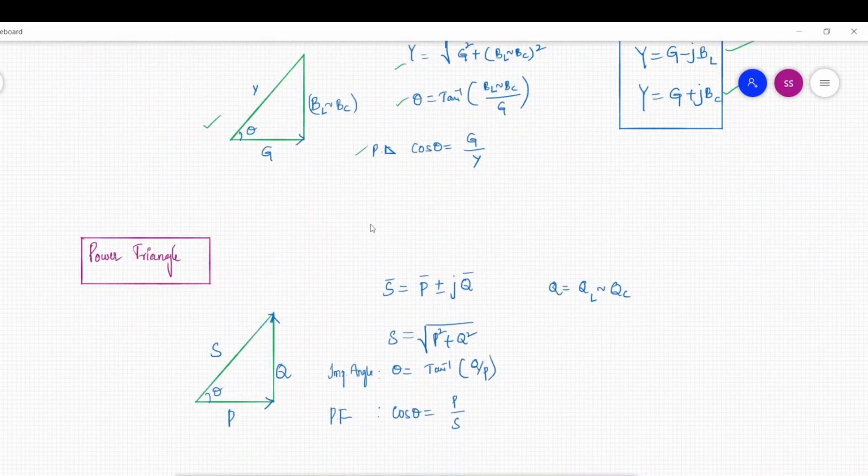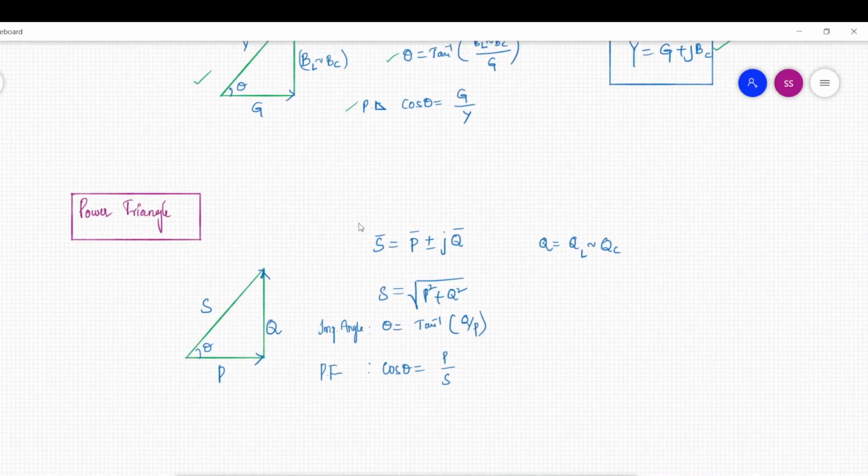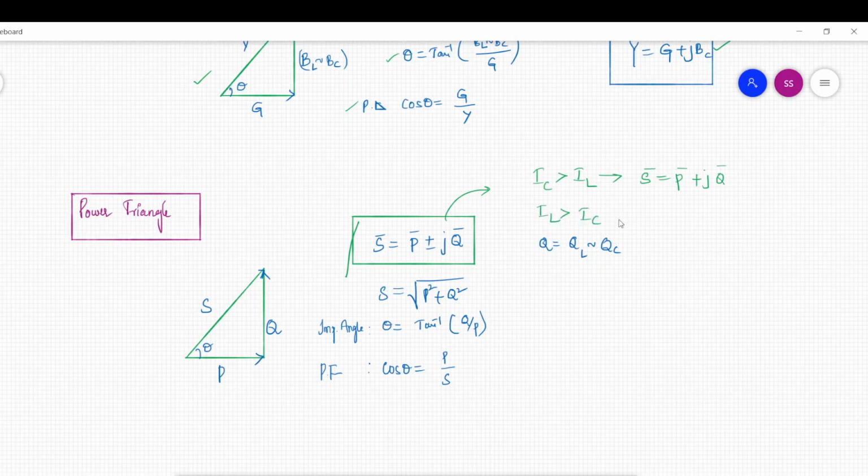Similarly, the power triangle will have apparent power, real power and reactive power. S equals P plus jQ. The plus or minus indicates the case for a parallel RLC circuit: when IC is greater than IL, S bar equals P bar plus jQ bar, and when IL is greater compared to IC, S bar equals P bar minus jQ bar.